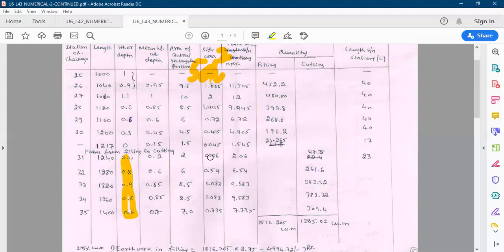For all this cutting portion, we have to multiply the S value as 1.5, right? So 1.5 multiplied by d square. For the above portions, we have to multiply with 2. So the side slope for the filling portion is 2, which you can see here.